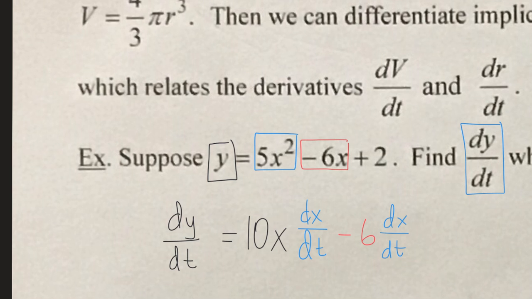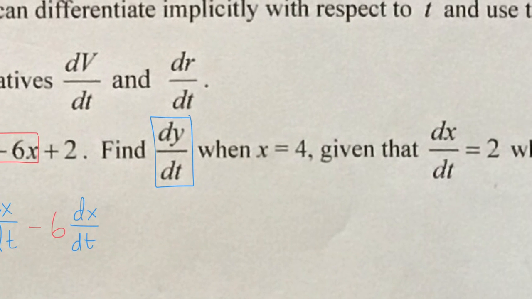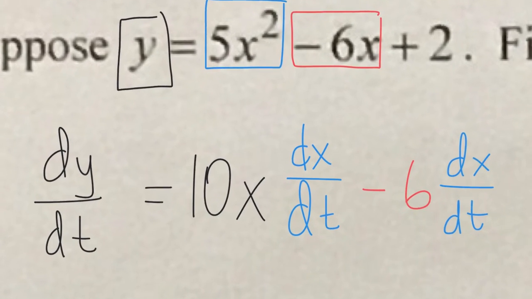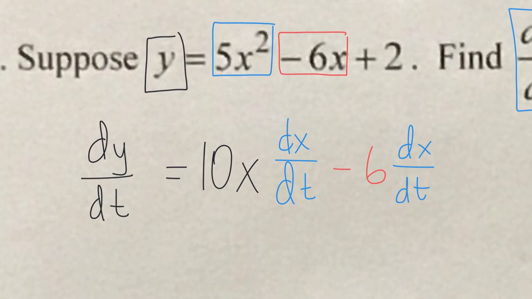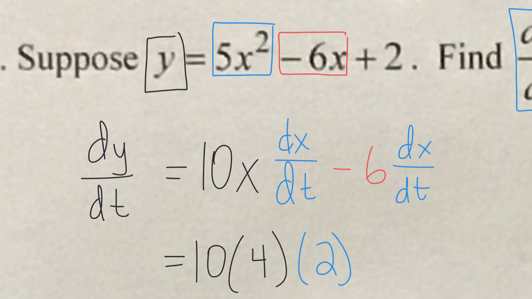So it says find dy dt. Well, that's our variable, when dx dt is 2 and x equals 4. So we have everything that we need. So 10 times x is 4, dx dt is 2, minus 6 times 2, dx dt is 2.